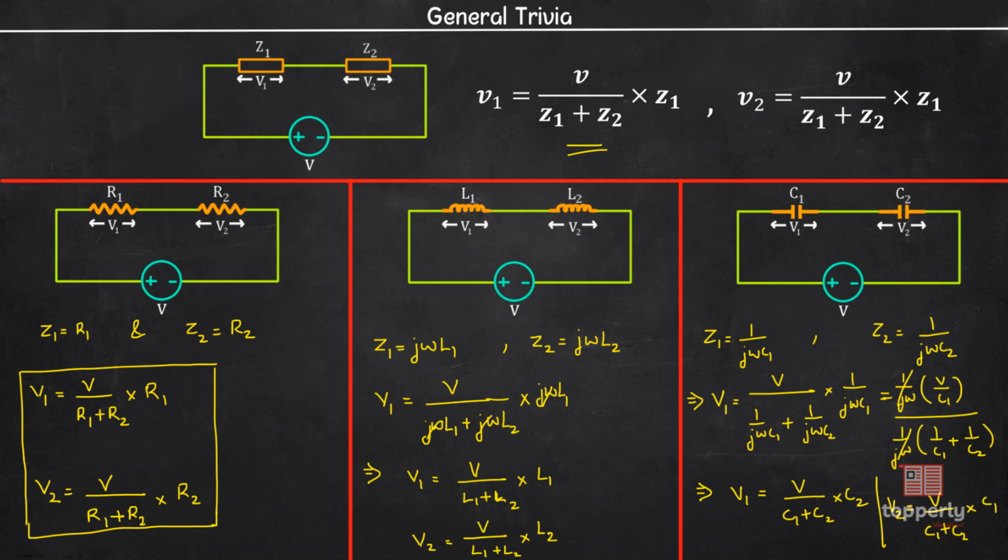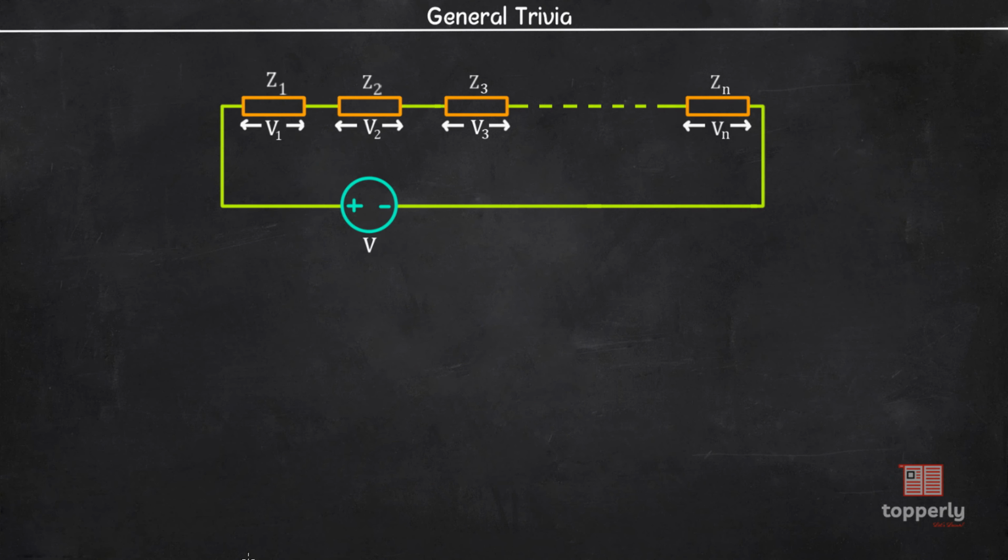Now let us generalize this concept of voltage division rule. Consider a series circuit having n elements in series and their impedances are Z1, Z2, Z3, etc. to Zn.